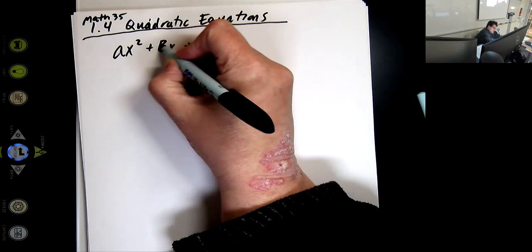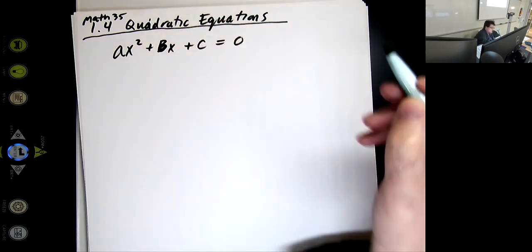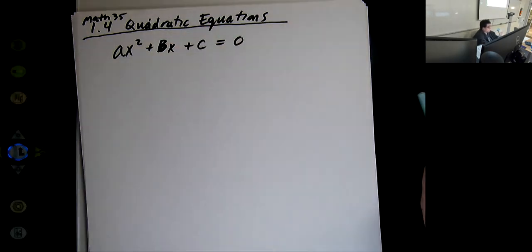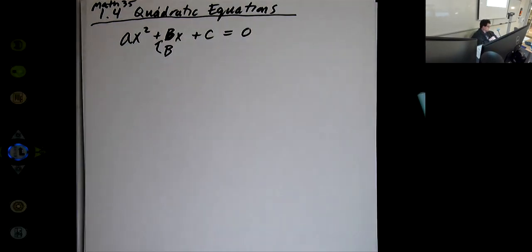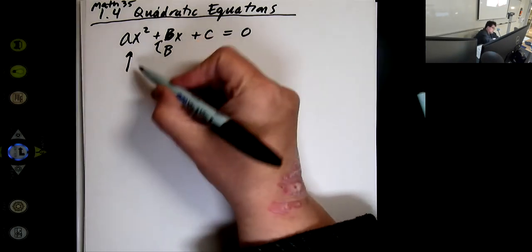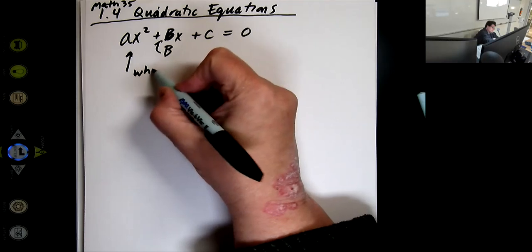I'm going to make that a capital B just so it's a little bit easier to see, because my lowercase b's look like 6s. The x squared part is what makes it quadratic.